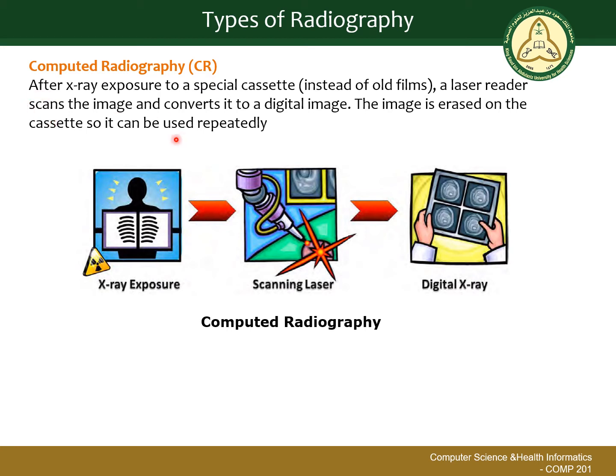After the X-ray exposure to a special cassette instead of films, so we don't need to use films now, we use this cassette where we save the picture, and the laser reader scans the images from the cassette and converts them to a digital image, which can be viewed digitally on a monitor.